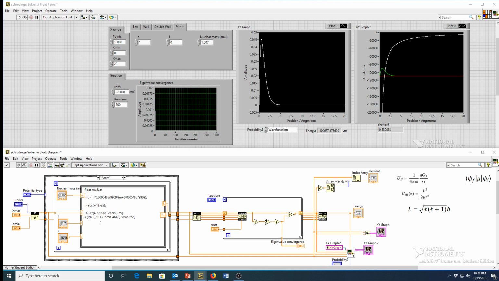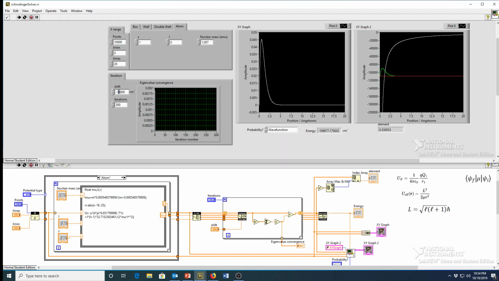Oops, I have my parentheses all wrong here. I don't actually need this outer pair, so L times L plus 1 times h bar squared divided by 2 times mu times r squared. Cool. Plus your Coulombic portion. That should work. Let's run it.